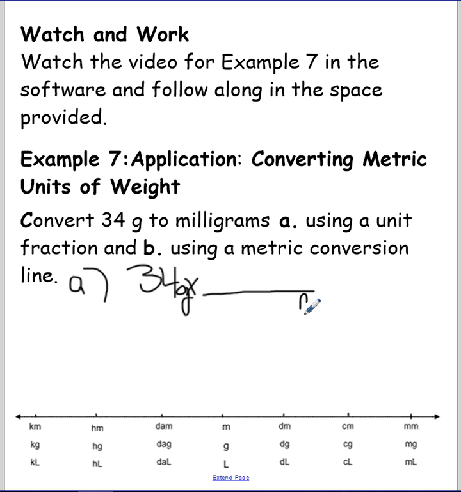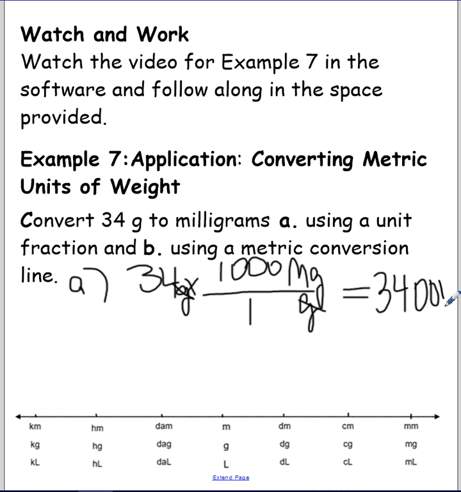So grams needs to go on the bottom, and milligrams needs to come up on the top. And we need to know the relationship. How many milligrams are in 1 gram? Well, it takes 1,000 milligrams to equal 1 gram. So when we do our unit conversion, we're multiplying 34 by 1,000 to get 34,000 milligrams.